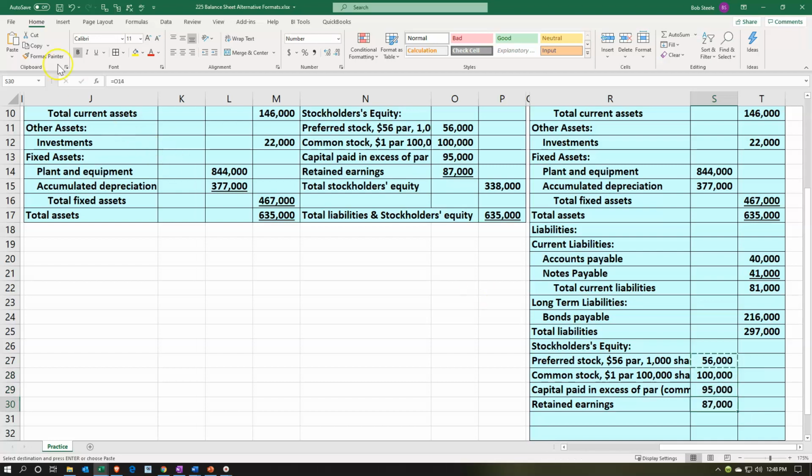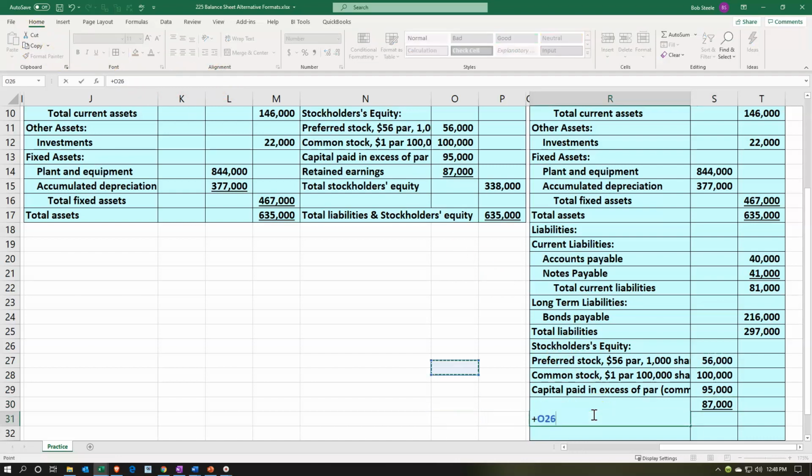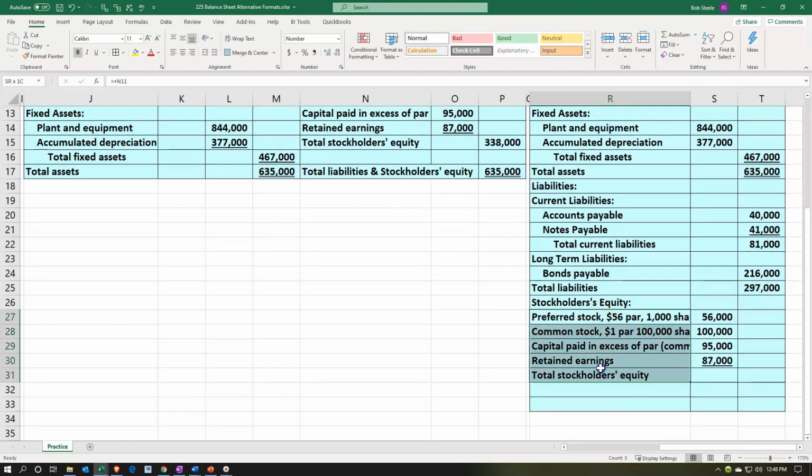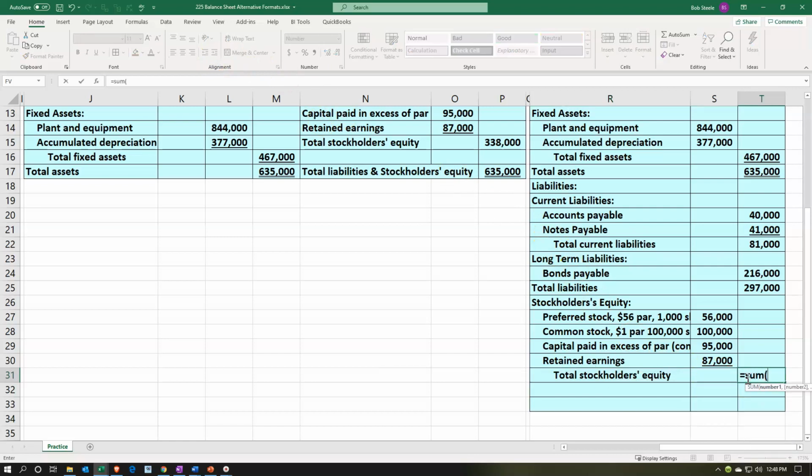We can underline here, home tab, font, underline. Then we're going to have the total stockholders equity. We might indent this. And total stockholders equity equals the sum of these items.